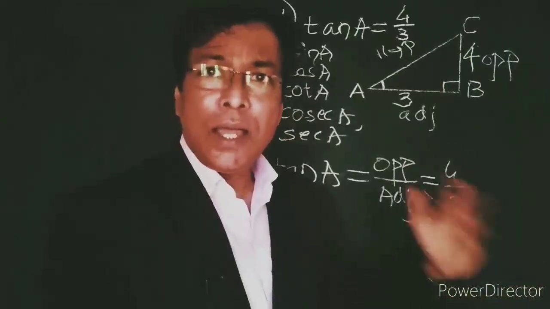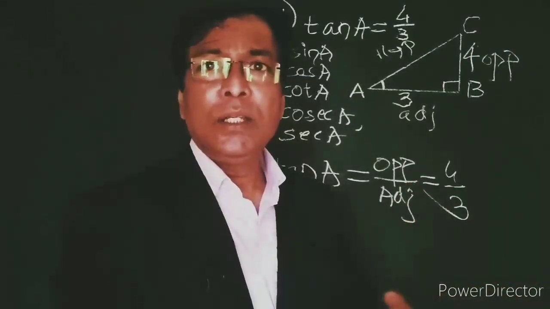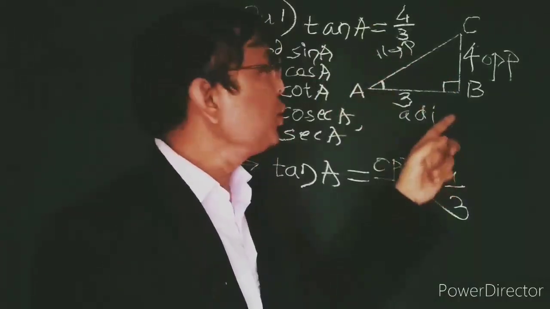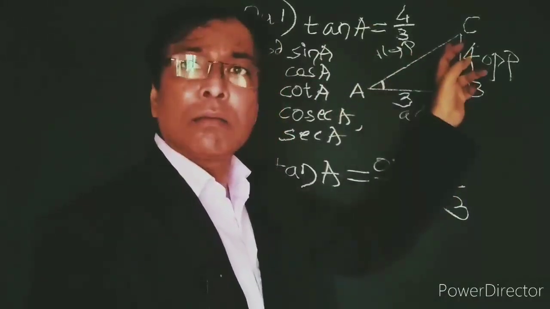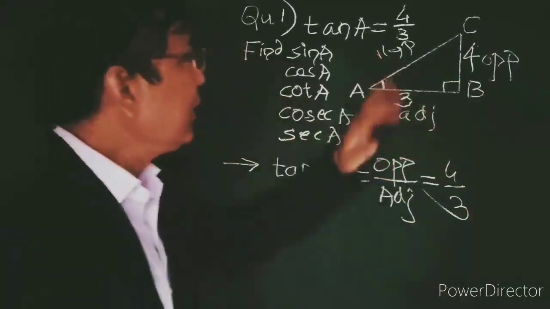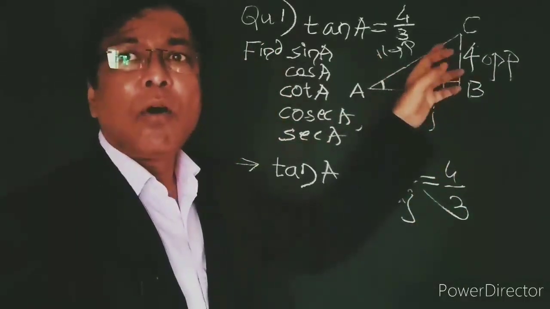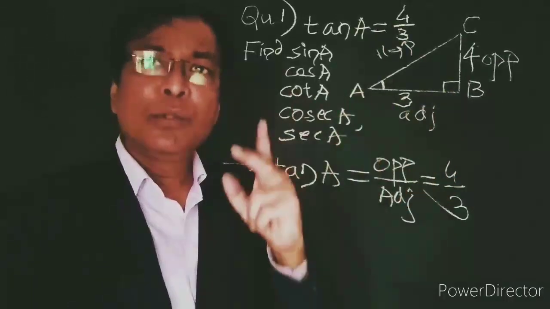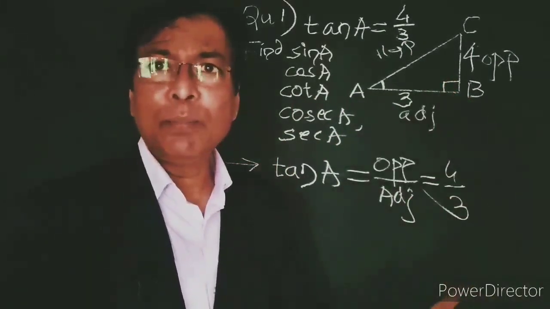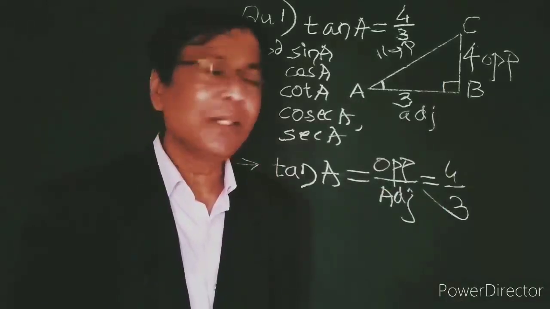Now, as trigonometry gives the relationship between the angles and the sides, we should know the length of the third side before we proceed. How can we find the length of the third side when two sides are given in a right angle triangle? That is very simple. That is by using Pythagoras Theorem.